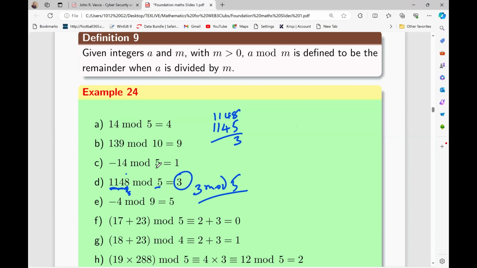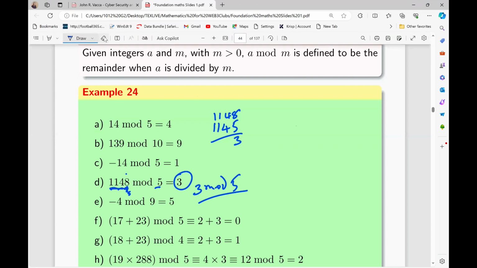Now, we deal with the mod the same way we deal with other integers without mod. We can add, we can subtract, we can expand, and so on.